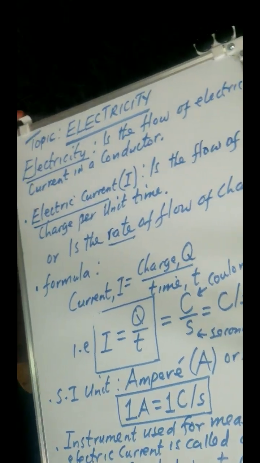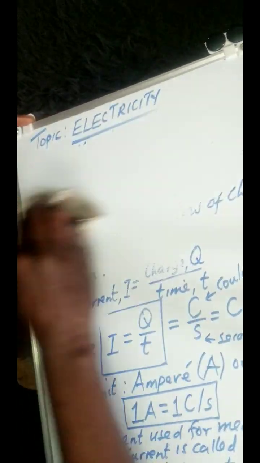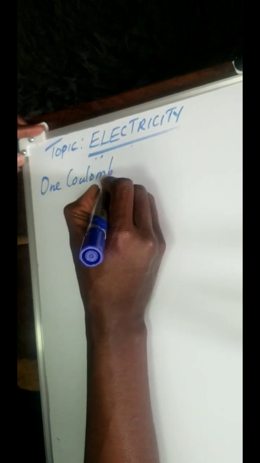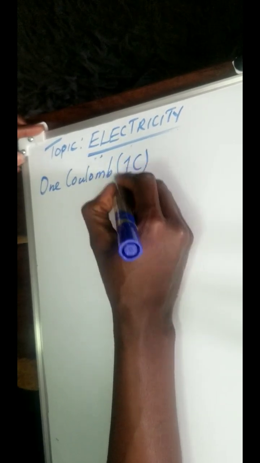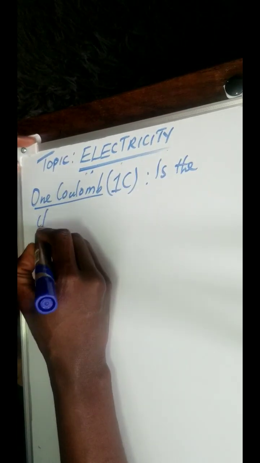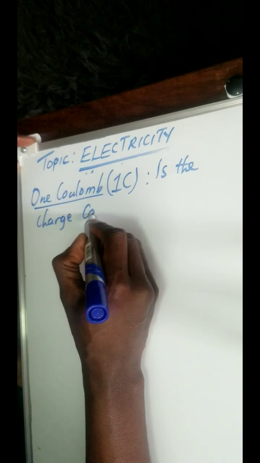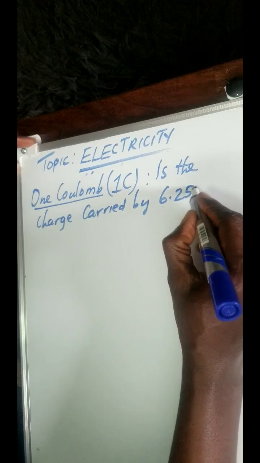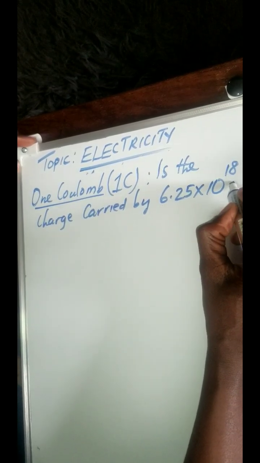What is a coulomb? We can clean up this section of the board so that we talk about exactly 1 coulomb. If you're doing pure science, this concept is very important for you. We can say 1 coulomb is the charge carried by 6.25 times 10 raised to the power 18 electrons.